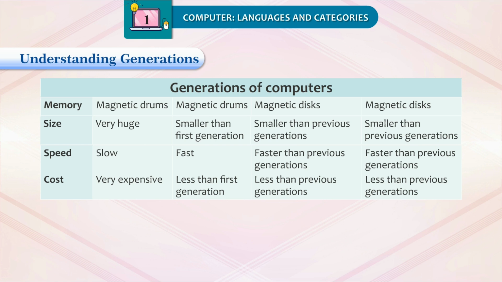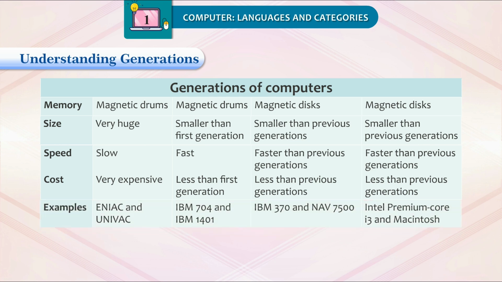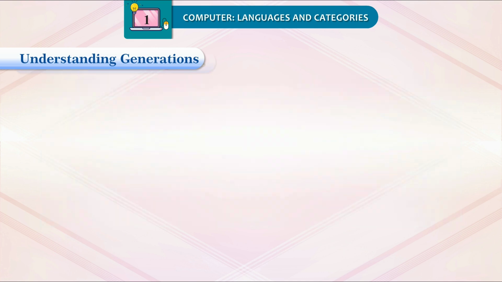Cost: very expensive; less than first generation; less than previous generations. Examples: ENIAC and UNIVAC; IBM 704 and IBM 1401; IBM 370 and NAV 7500; Intel Pentium Core i3 and Macintosh.